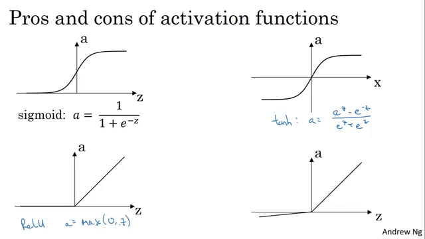And maybe, feel free also to try the leaky ReLU, where a is the max of 0.01z, comma z, right? So a is the max of 0.01 times z and z. So that gives you this bend in the function. And you might say, why is that constant 0.01?